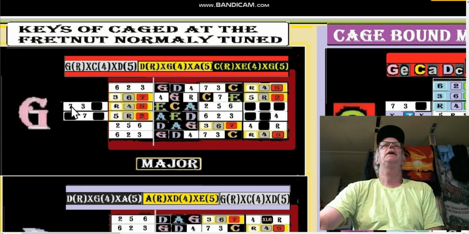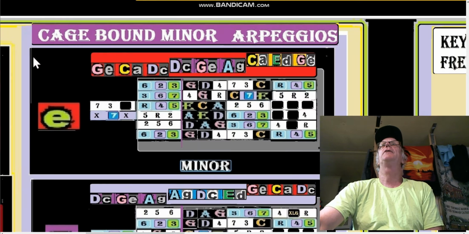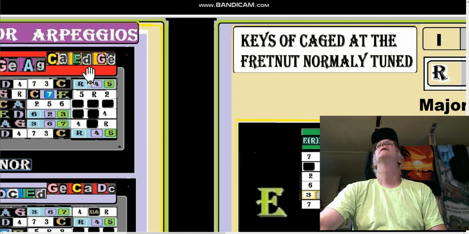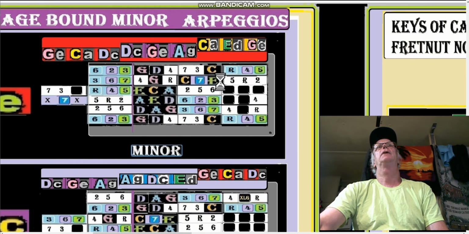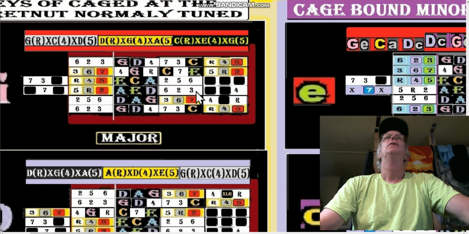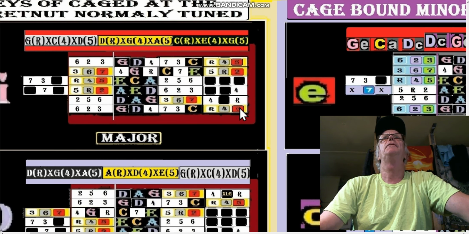Now usually G only has a lone wolf 7 there, but here we have another lone wolf 7 here, because when we're looking at the 4th, the 4th is the 4 in the mode. So it's root 4 5, which is 1 4 5 in the major tri note. Okay, so back over here to the G in the major, we've got root 4 5 there.